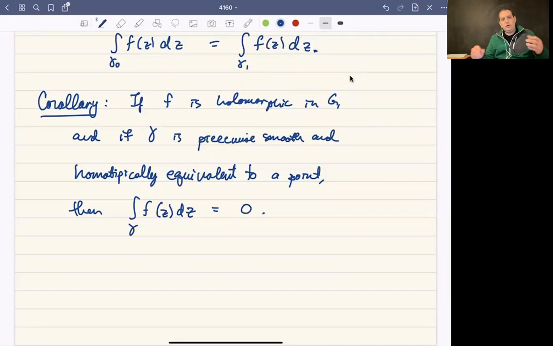So if you have a holomorphic function and you want to calculate the integral over some piecewise smooth curve gamma, and if gamma is contractible, meaning that you can homotopically map it to a single point, then the integral over that function must be 0. Okay, so again, this corollary is sometimes also referred to simply as Cauchy's theorem, but it's kind of a corollary of the stronger statement above.